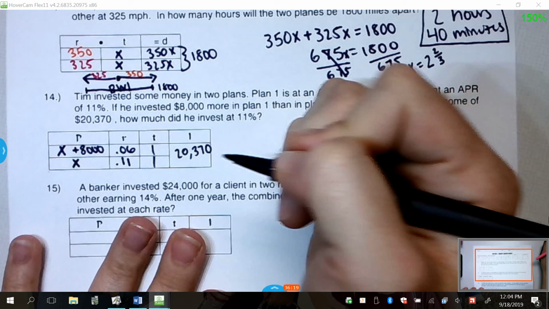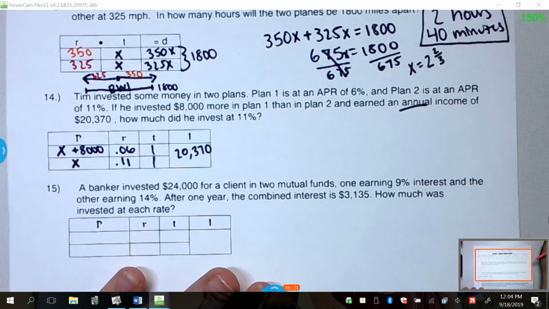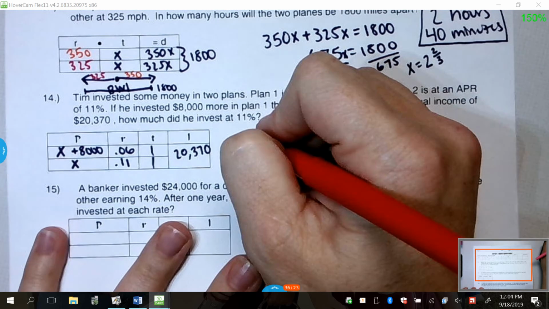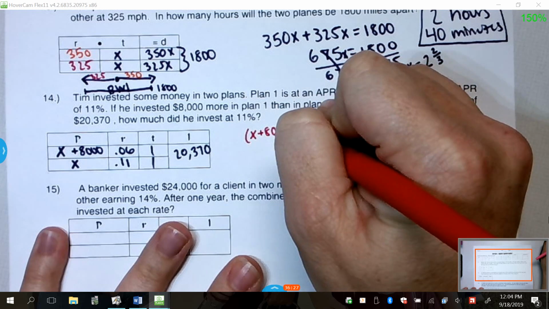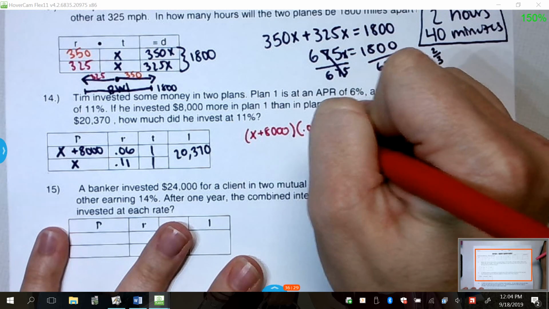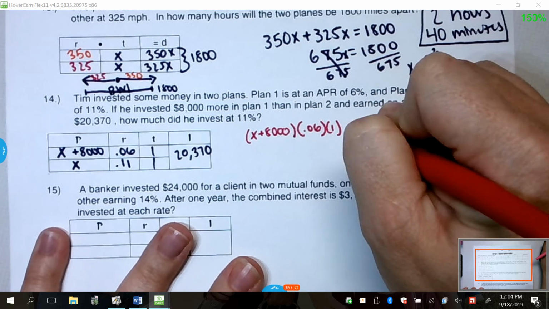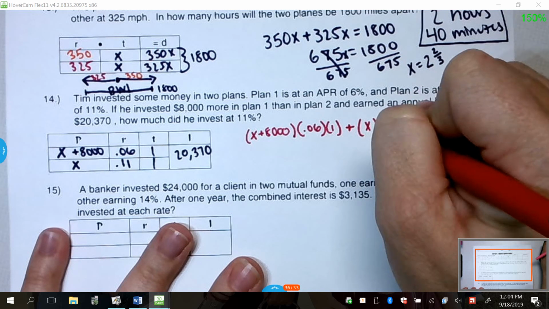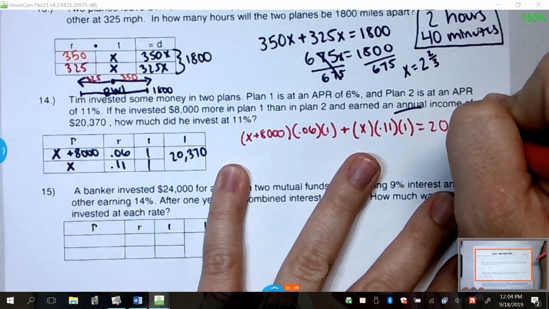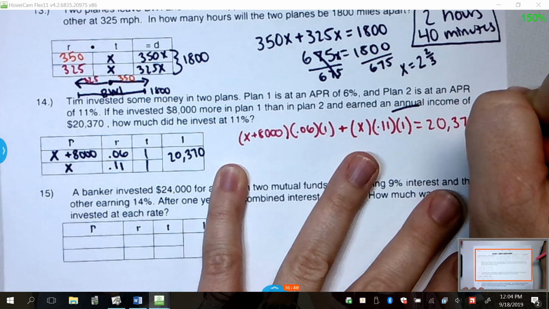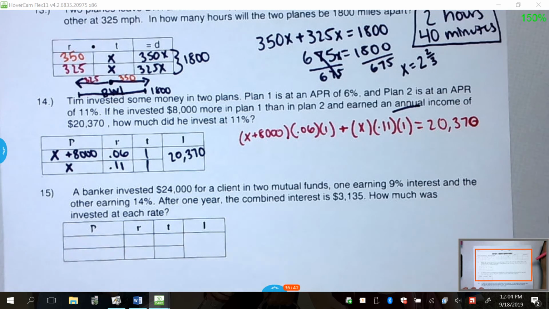So time is 1 because it's annual. We're taking the top added to the bottom equals my annual income. Now we're going to simplify.